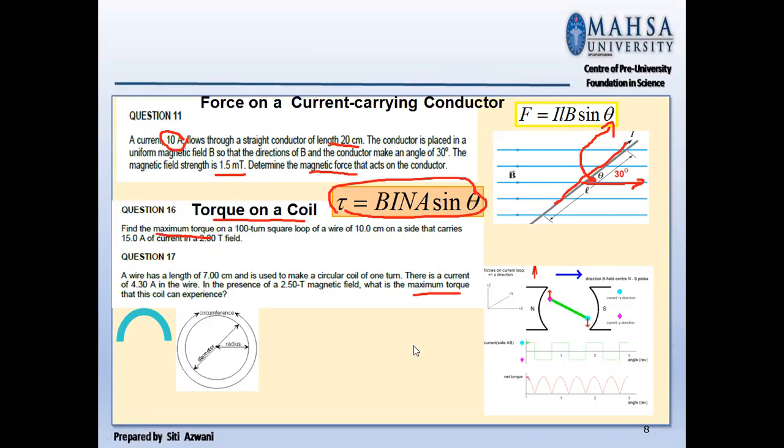Where is the point which you have the maximum torque? So let's look. What happened to the value of your torque? Decrease, 0, and then go to the maximum of the torque.